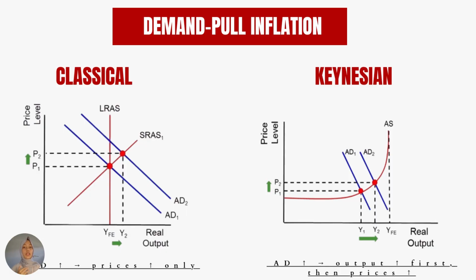Meanwhile, for the Keynesian, the output rises first and then the prices follow, or the prices rise too. The output is the total amount of goods and services produced in the economy.